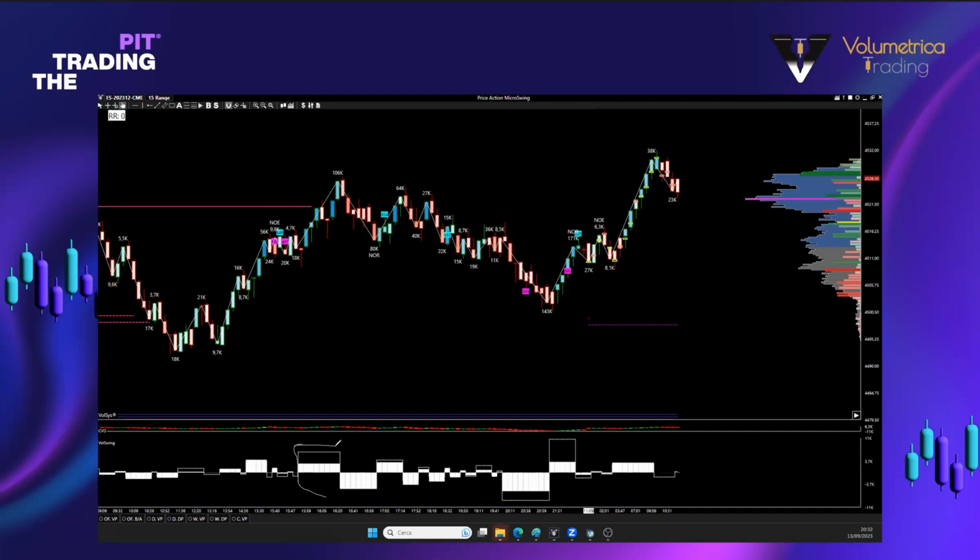There are different ways we can use that, but ideally here we can see that the edge of each rectangle would show how much volume, total volume, was involved in that swing.